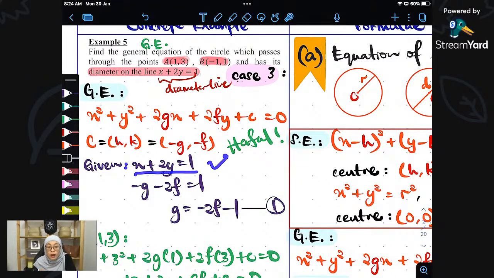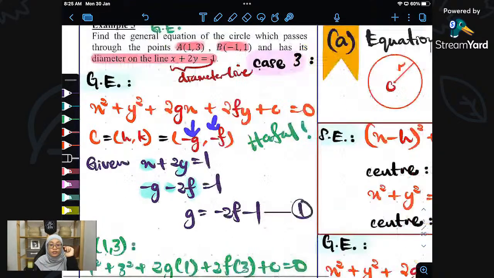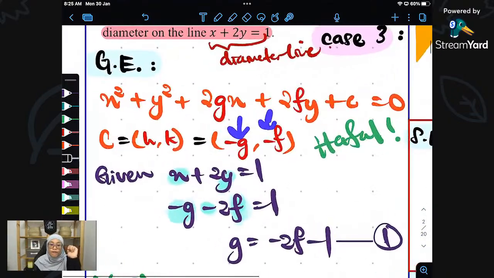And then I subs in the value of x and the y. I replace it with my g and f. If you look it very carefully here, I subs in my center by using the negative g and the negative f.